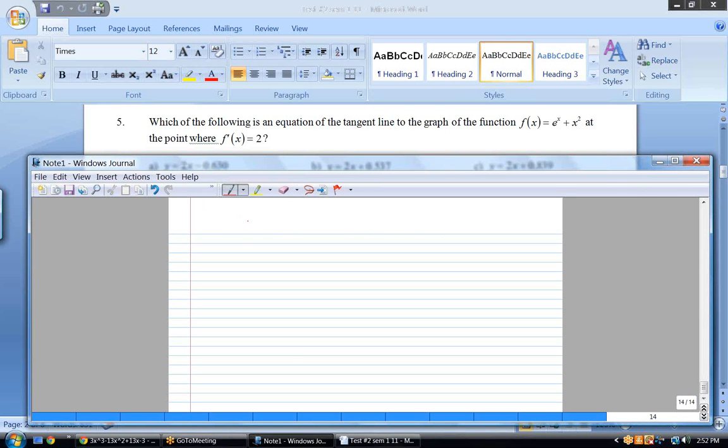So we know that f prime of x is equal to e to the x plus 2x, and we know that that's equal to 2.